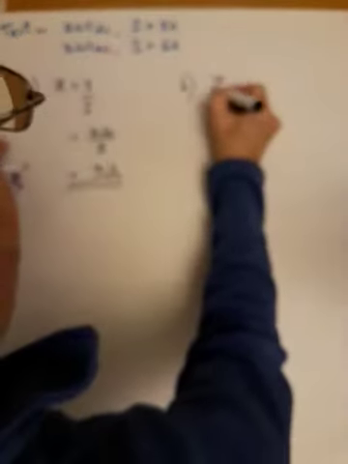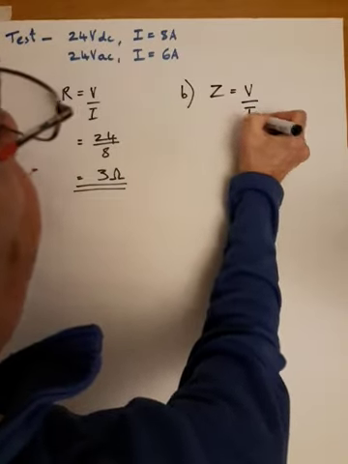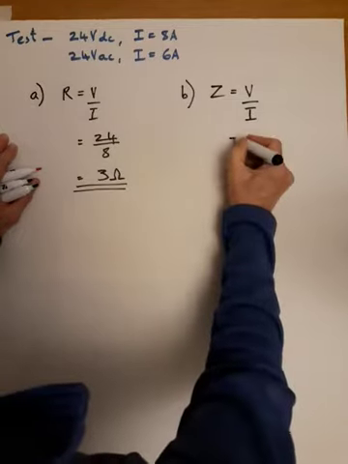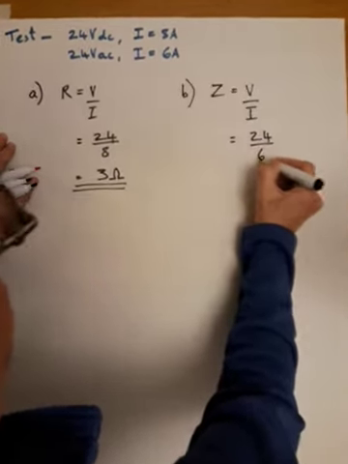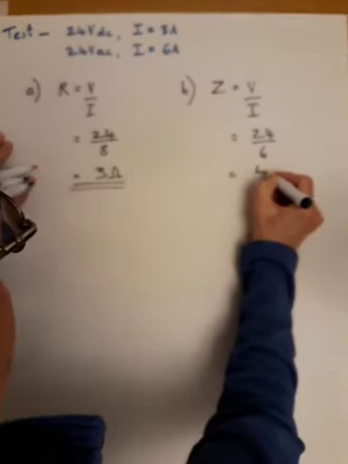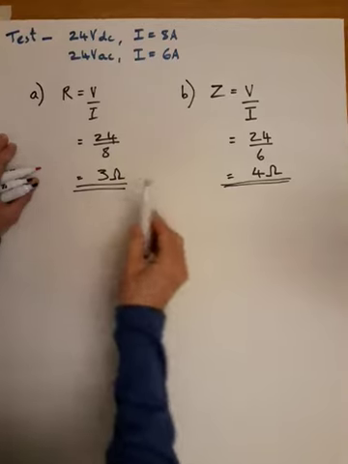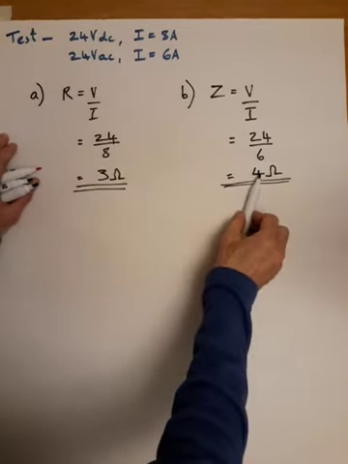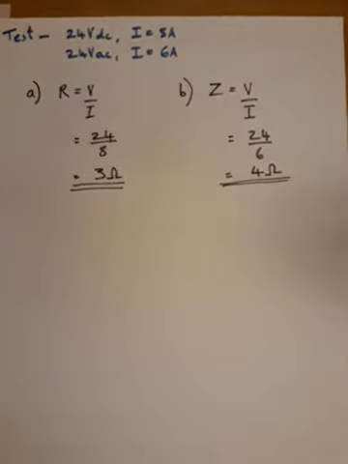So Z equals V over I, just a variation of Ohm's law. Put the numbers in: 24 over 6, and that's 4 ohms. This is important. You will always expect impedance to be higher than resistance for the circuits that we're doing.